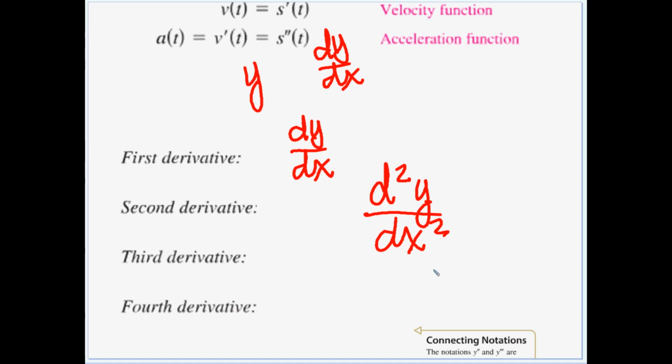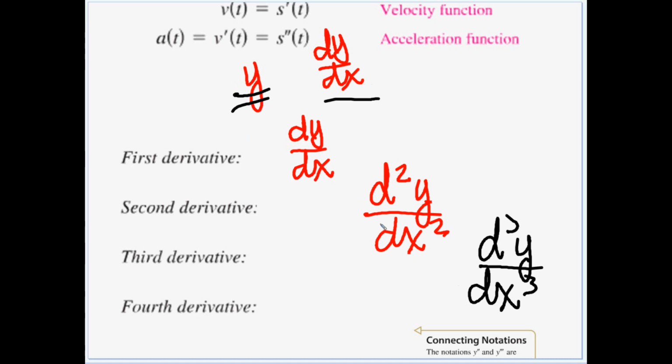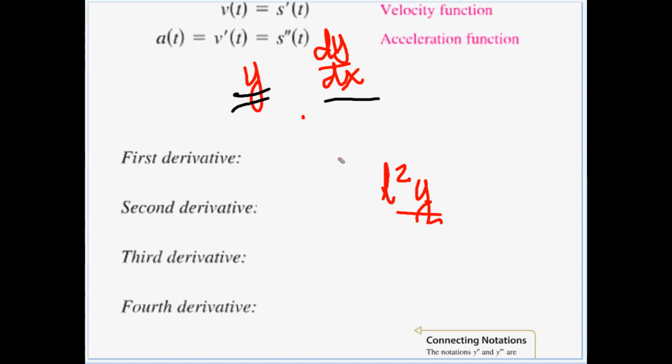Those are sort of like exponents, and they just go up. The third derivative, d cubed y over dx cubed, and then it would just continue on like that for any numbers beyond. And that's where we'll stop. Those are the most common. You'll see the y prime, the function prime notation, and good old Leibniz.